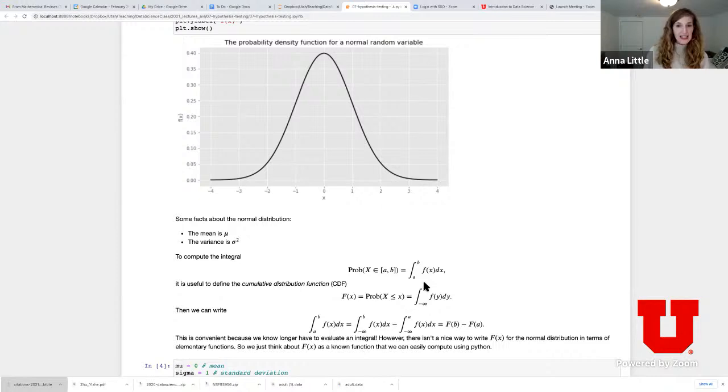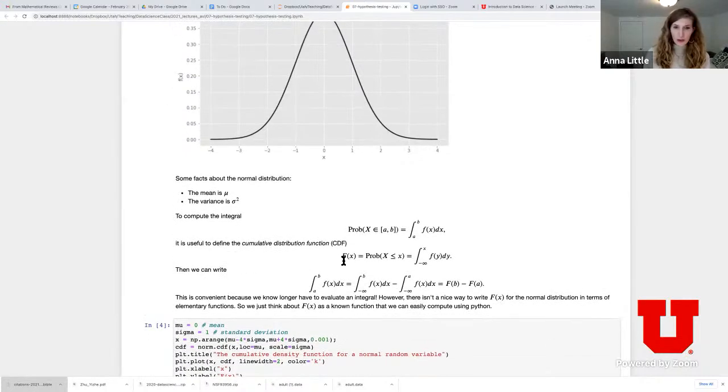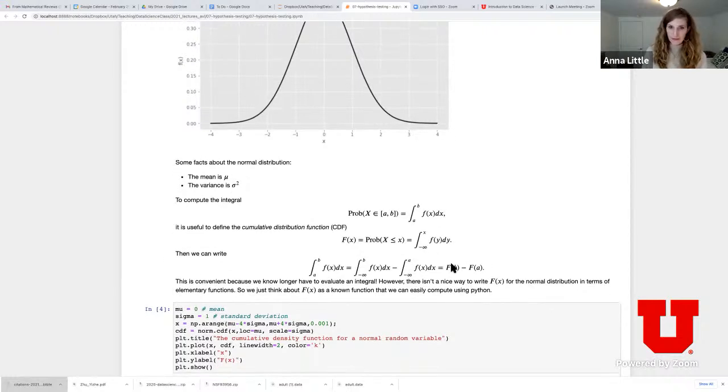However, it's often really handy to use the cumulative distribution function to evaluate integrals of this type. The cumulative distribution function, usually denoted with a capital F of x, is the probability that the random variable X is less than or equal to little x. That is just the integral from -infinity to x of the PDF.